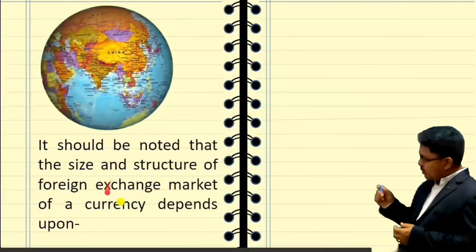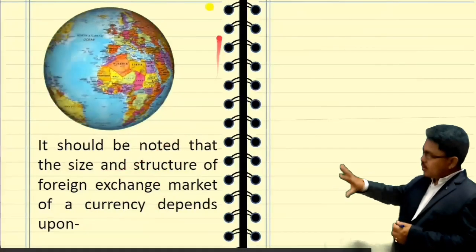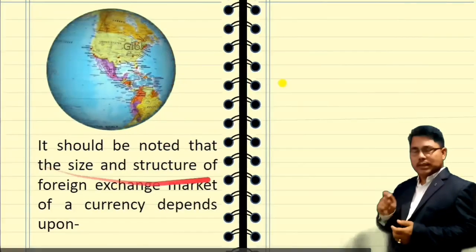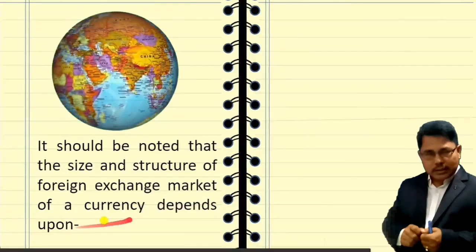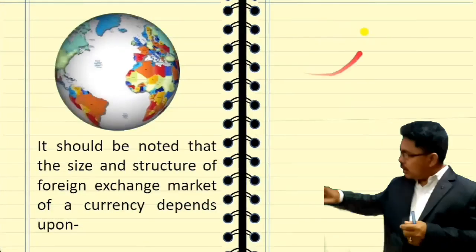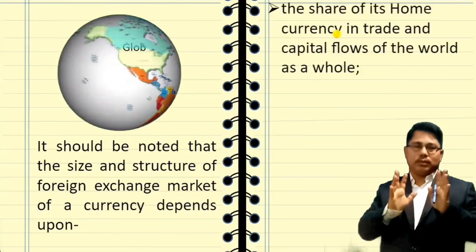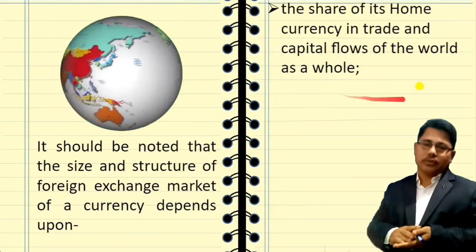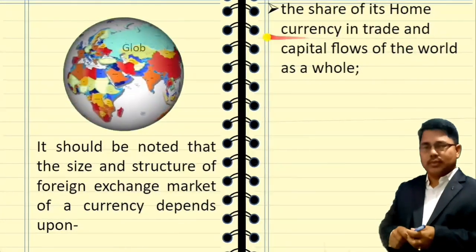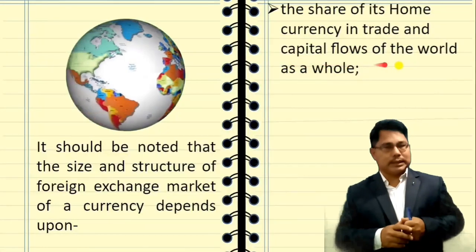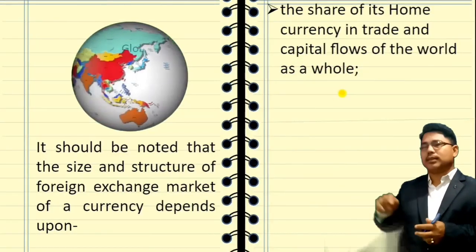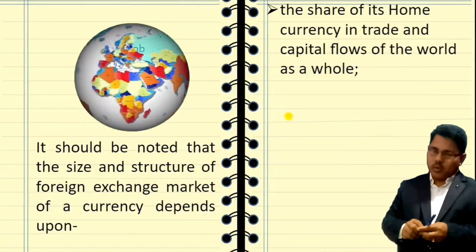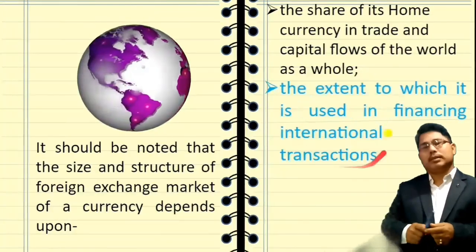It should be noted here that the size or volume and the structure of the foreign exchange market of a currency of a particular country depends upon different factors. First of all, the share of its home currency or domestic currency in international trade and the capital flow of the world as a whole.